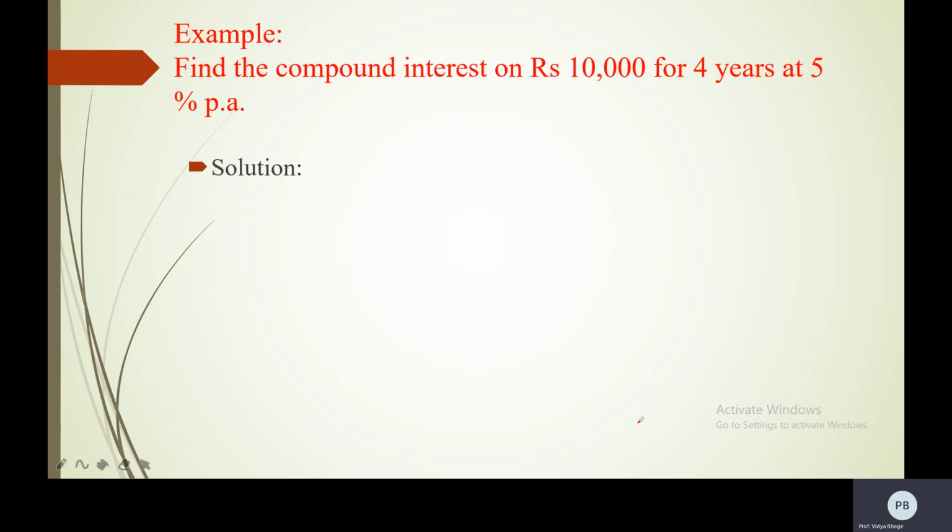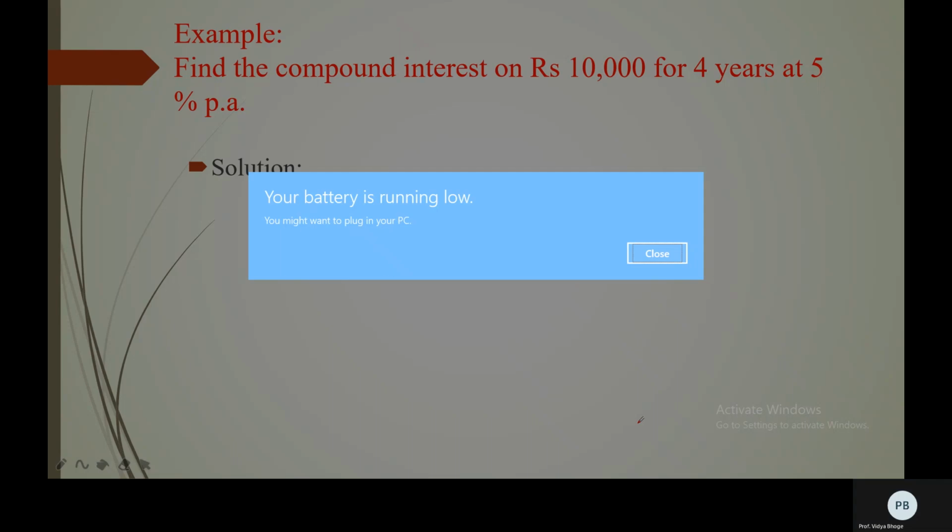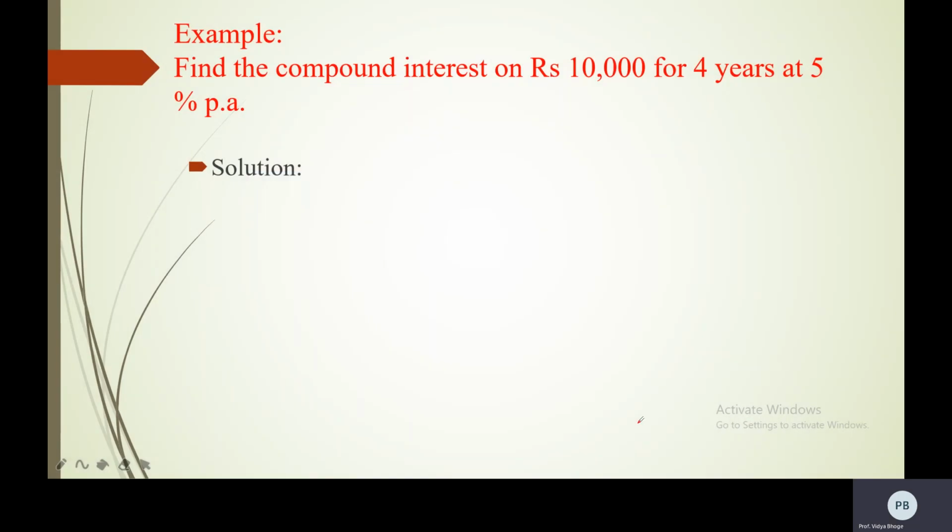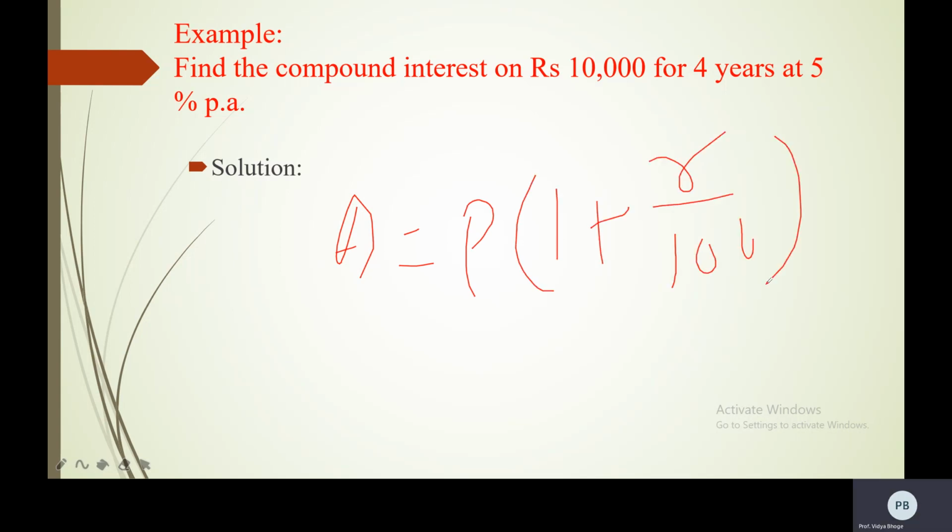Then next example, find the compound interest on rupees 10,000 for 4 years at 5% per annum. Here the principal amount is 10,000, n is 4 years, and R is 5% per annum. Then use this formula: A is equal to P in bracket 1 plus R divided by 100 raised to n.